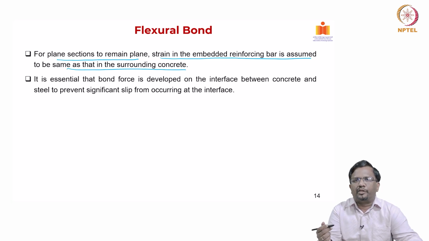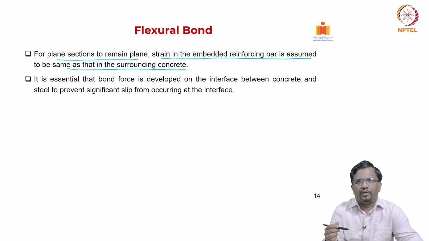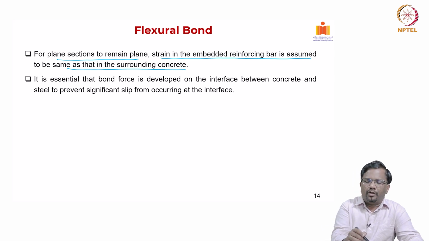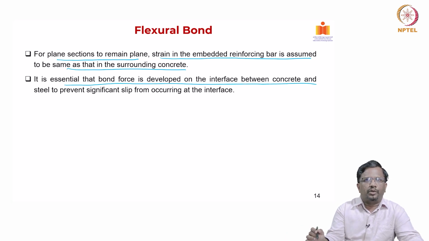This is a fundamental assumption that we make for Euler-Bernoulli's bending theory. So, to achieve the linear strain condition, we need to make sure that the bond force is developed on the interface between the concrete and steel, so that slip does not occur at the interface.